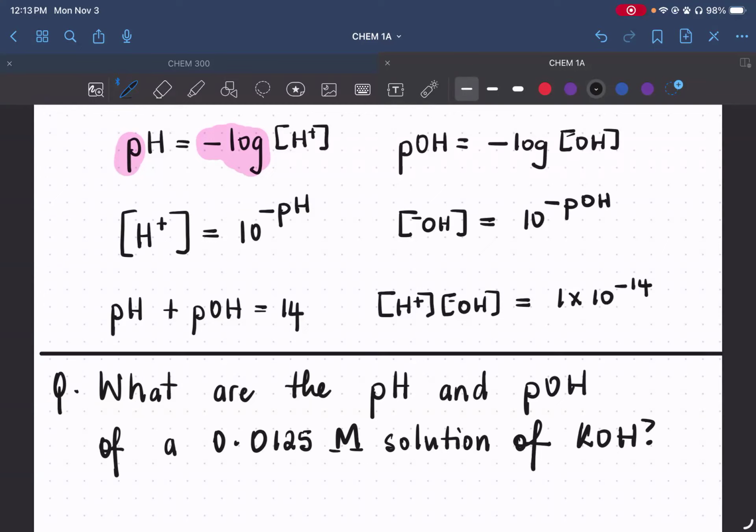That's all the context you're given. You're being asked to calculate the pH and pOH of a solution of KOH that has a molarity, a concentration, of 0.0125.